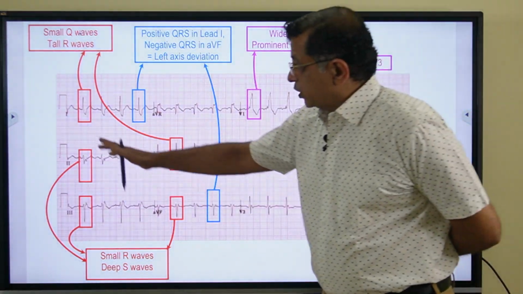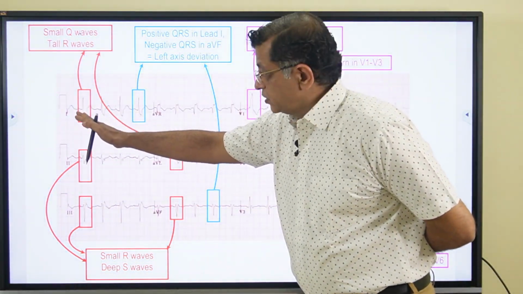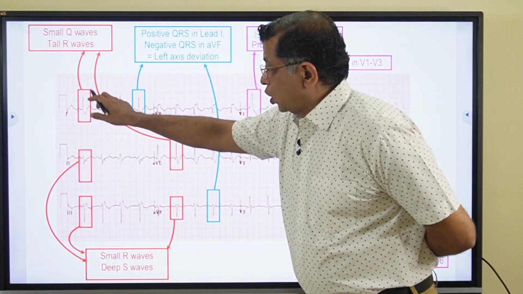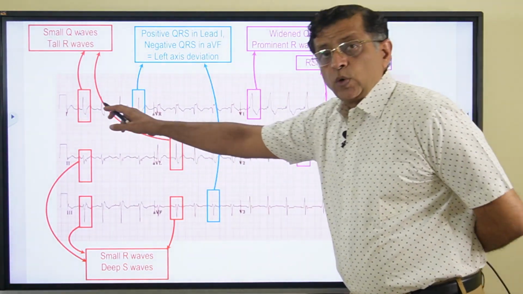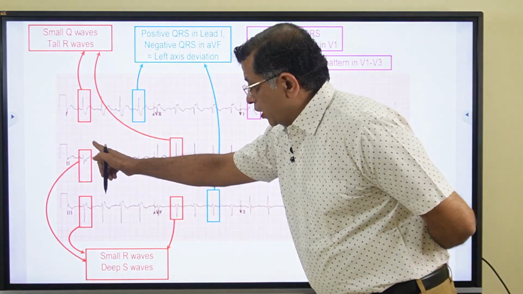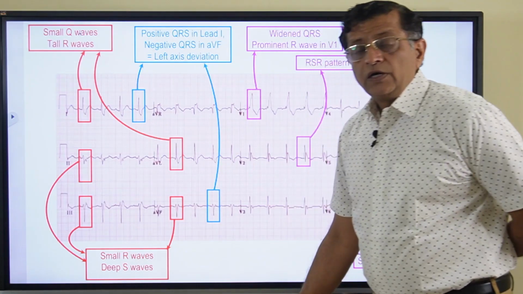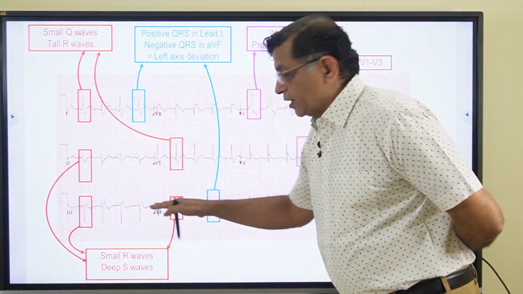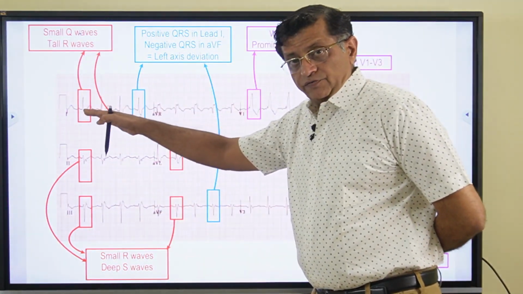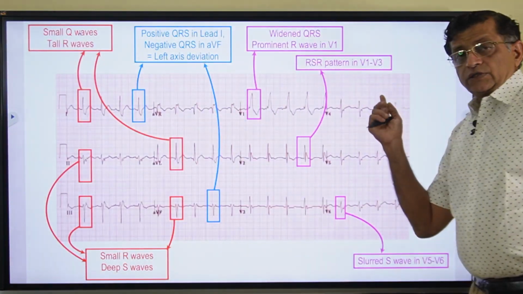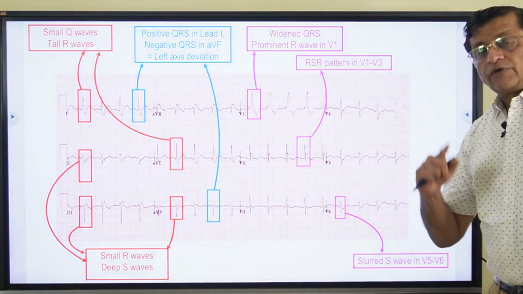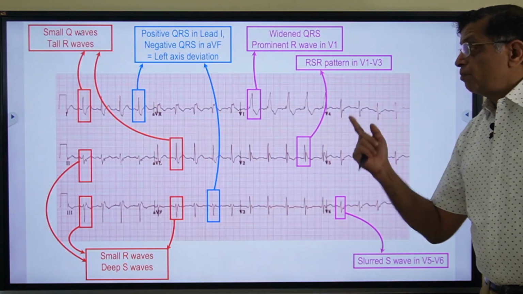At the same time, you can notice significant left axis deviation with a small Q and tall R waves in the left sided leads 1 and aVL, and a small R and deep S wave in the inferior leads, that is 2, 3 and aVF. So this is left anterior fascicular block. So this is right bundle branch block plus left anterior fascicular block. That means this is bifascicular block.